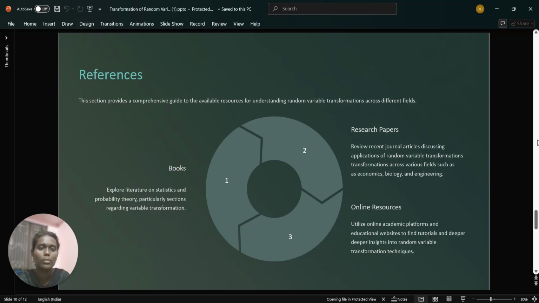Research papers: review recent journal articles discussing applications of random variable transformations across various fields such as economics, biology, and engineering. Online resources: utilize online academic platforms and educational websites to find tutorials and deeper insights into random variable transformation techniques.